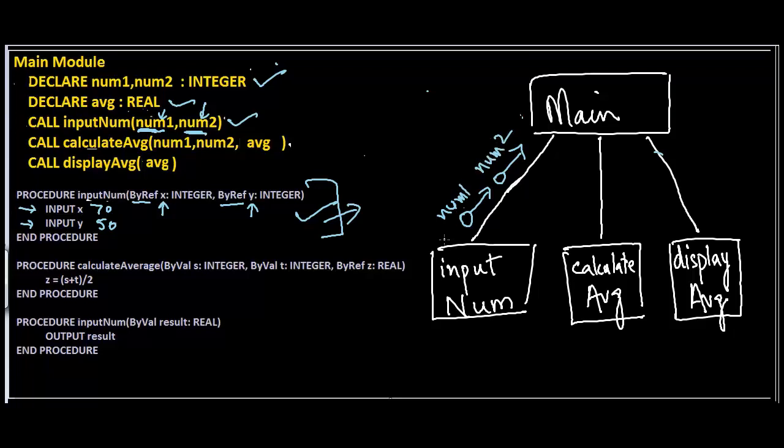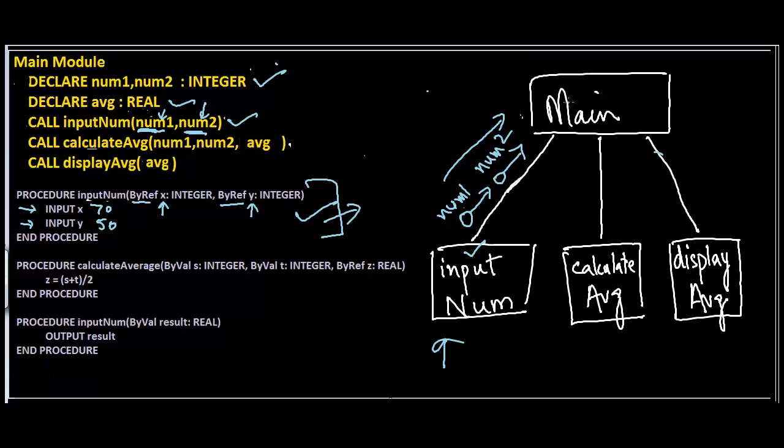That is why we show that this procedure modified the values and then control was transferred back to the main module. This arrow indicates the direction in which the modified values are now going to be passed.